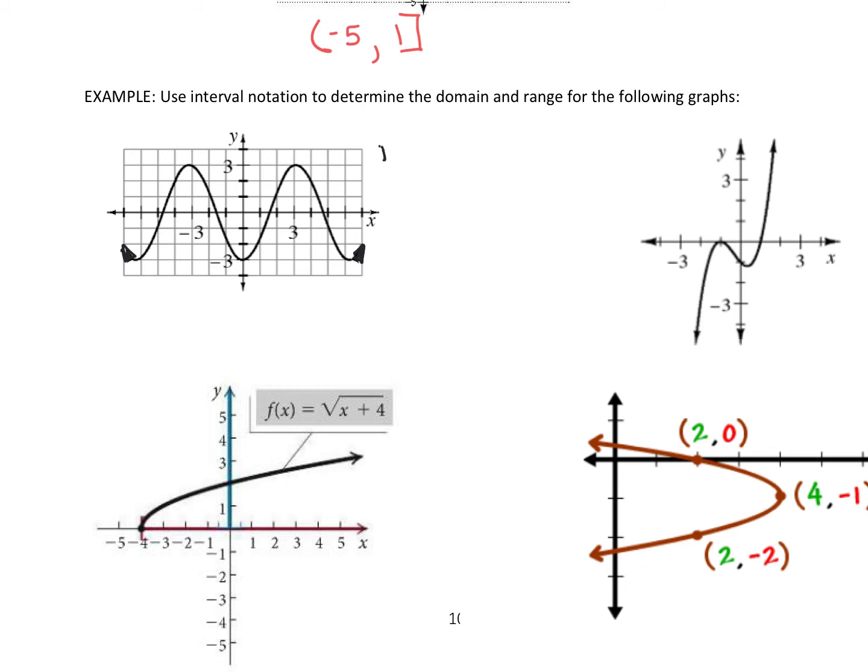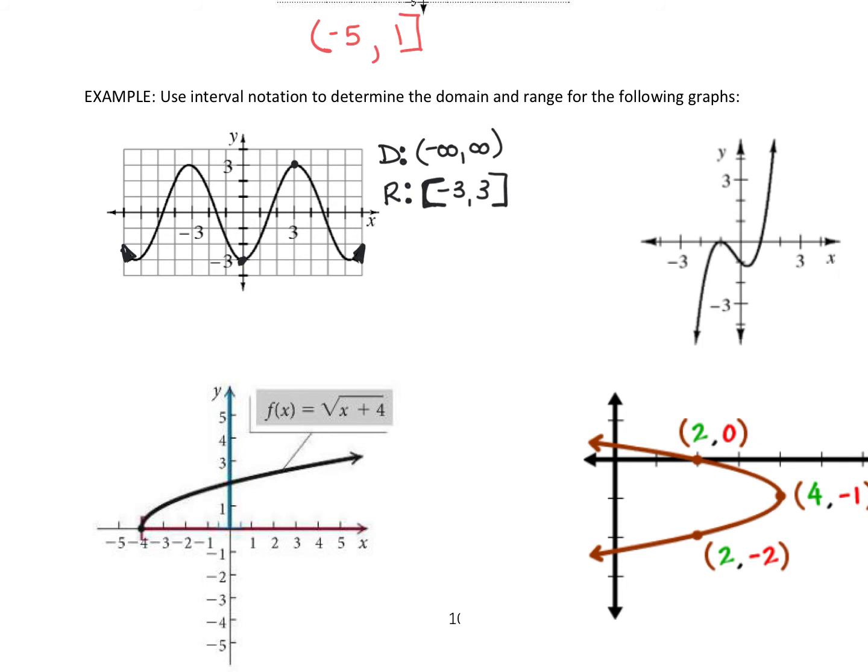So in this particular case, the domain is going to be -infinity up to infinity, because we're always going to have a function value. And the range is going to be, bracket, because we're going to actually be there. At -3 is our lowest, and 3 is our highest. So -3 to 3.